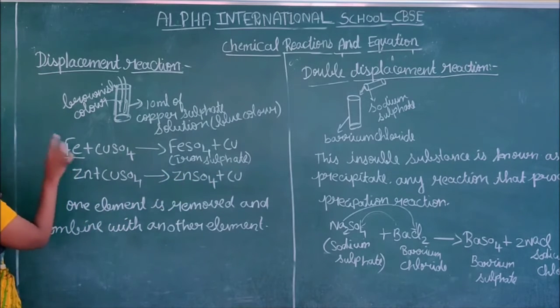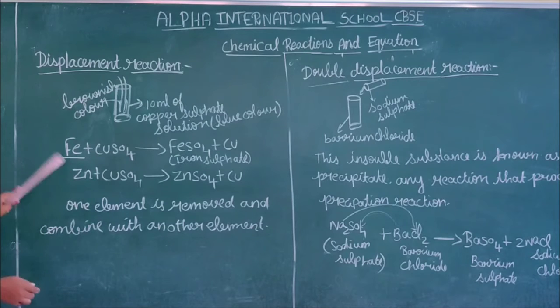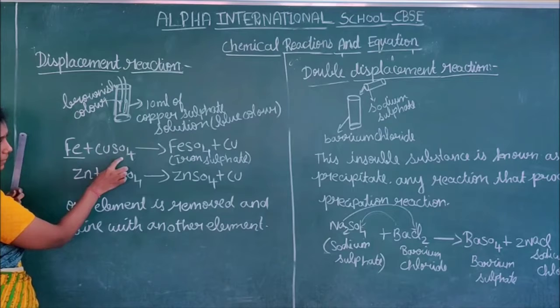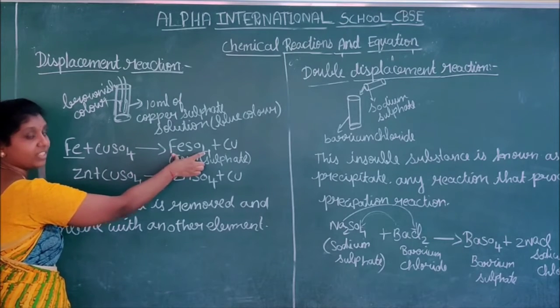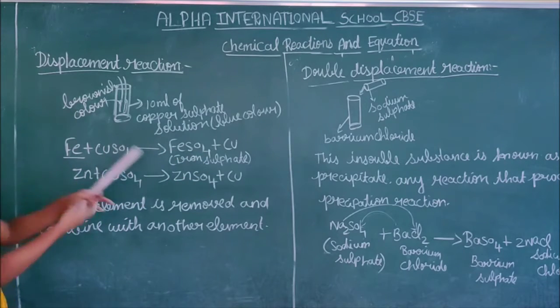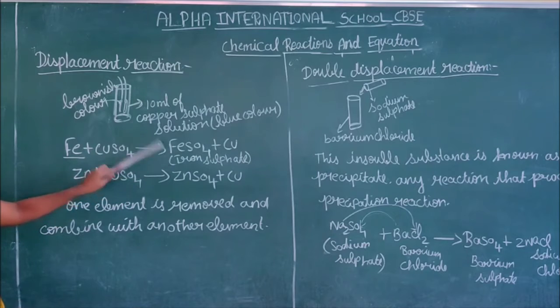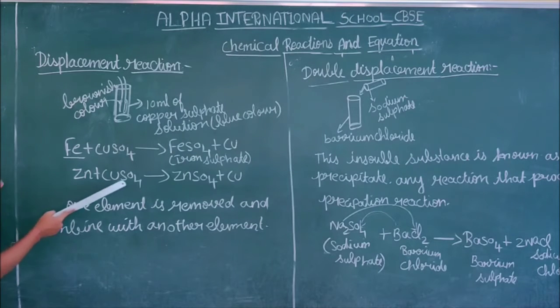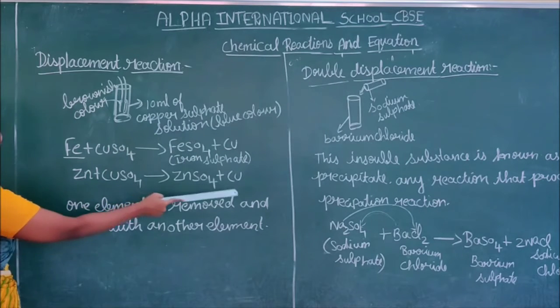Now I am going to define what is displacement reaction. Fe is one element. One element will combine with another element and forms a compound. Whenever one element is combined with another element, we can call it a displacement reaction. See here, another example. Zinc plus copper sulfate gives zinc sulfate plus copper.